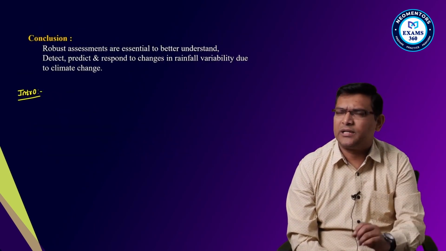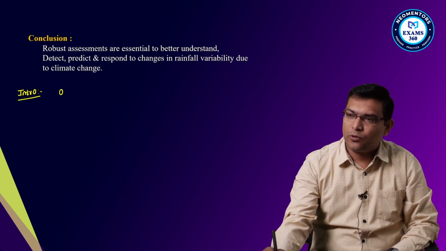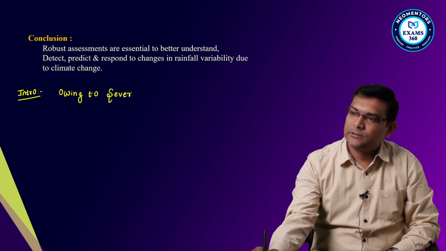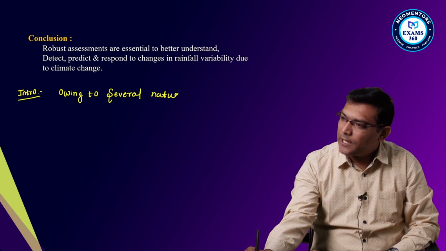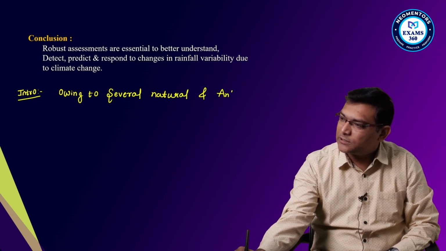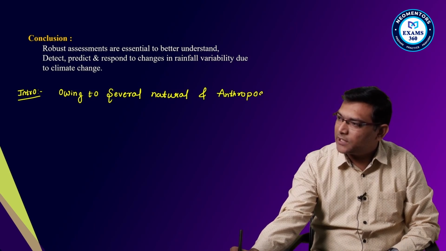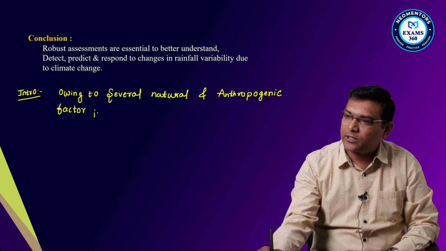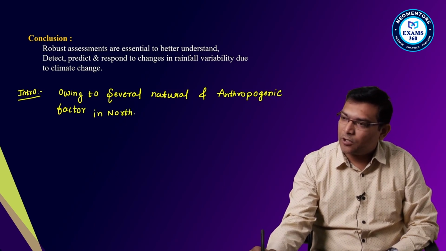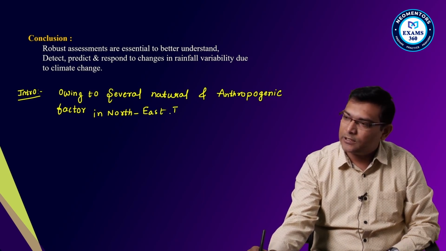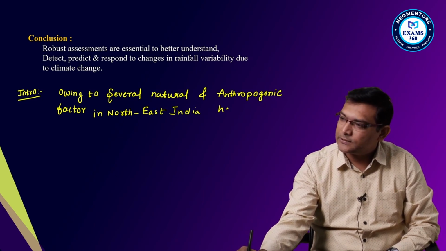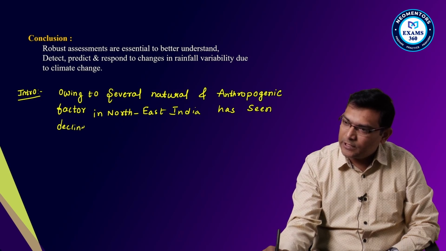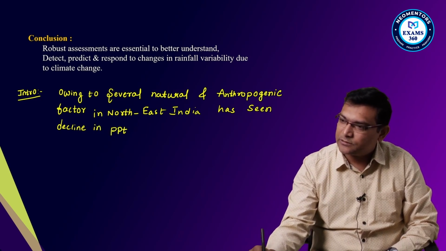Or you can write like this: owing to several natural and anthropogenic factors, the northeast India has seen a decline in precipitation.